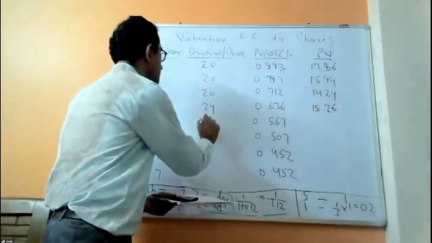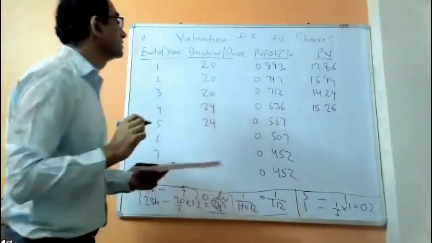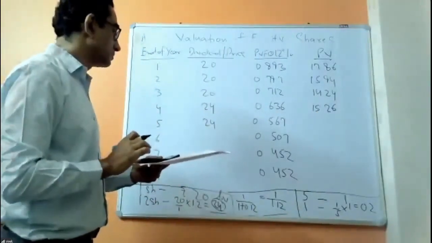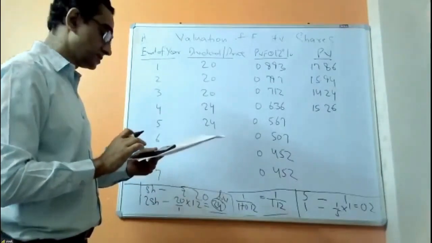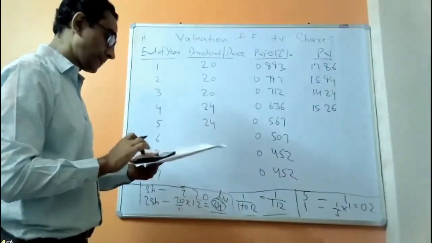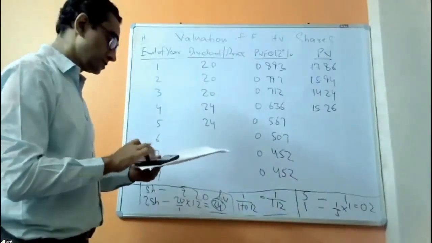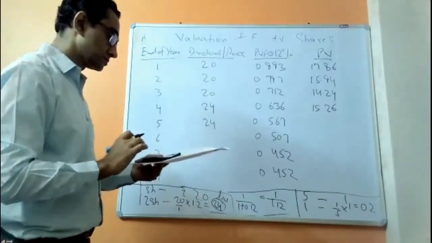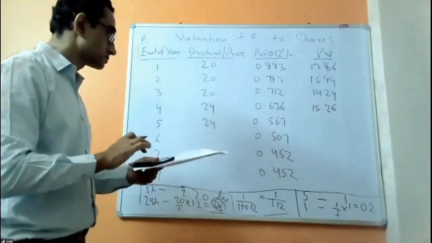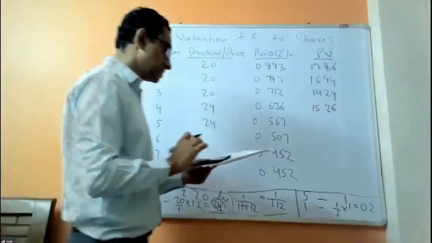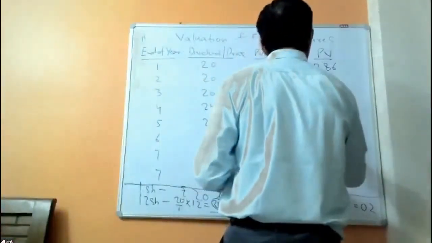Again, 5th year, 24 multiplied by the present value factor of the 5th year is 13.61.